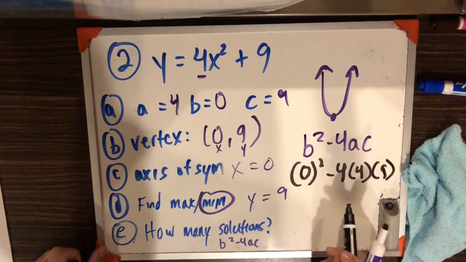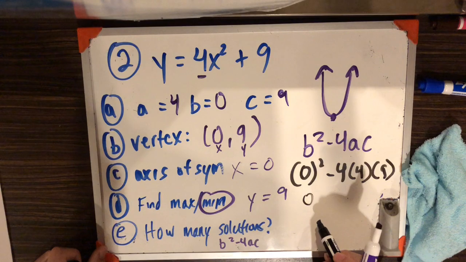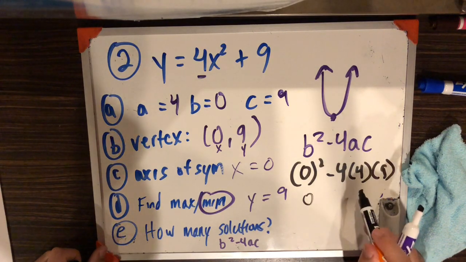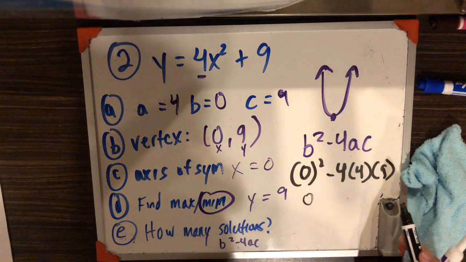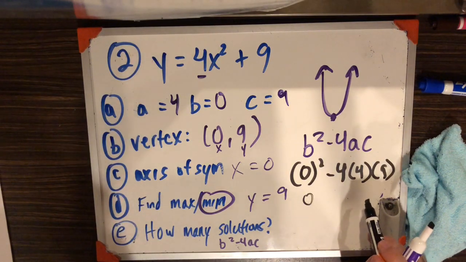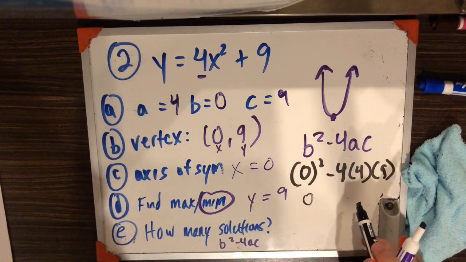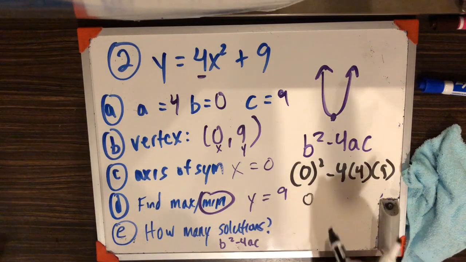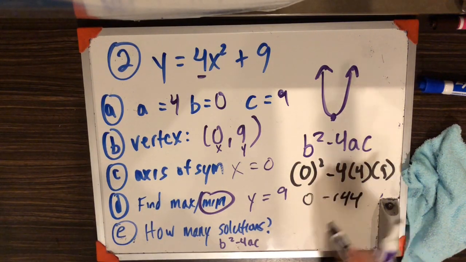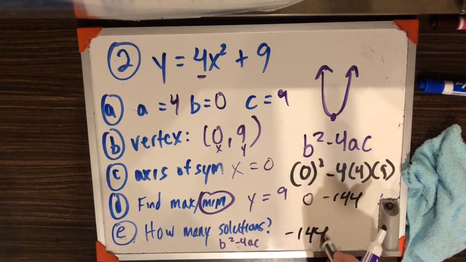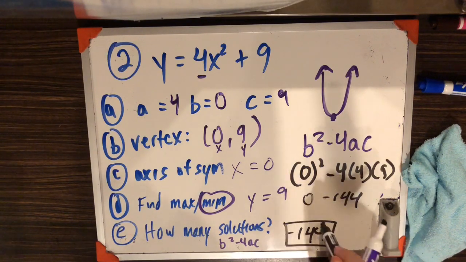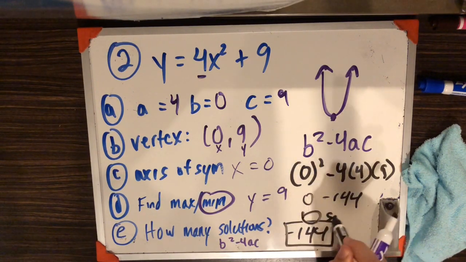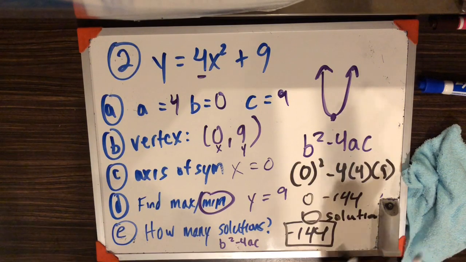Now we can quickly figure out that this would end up being 0 minus 4 times 4 times 9. Again, that would be, real quick, 16 times 9. Okay, that would be 144, so minus 144. That would be a negative number, okay? That means this has 0 solutions, okay?